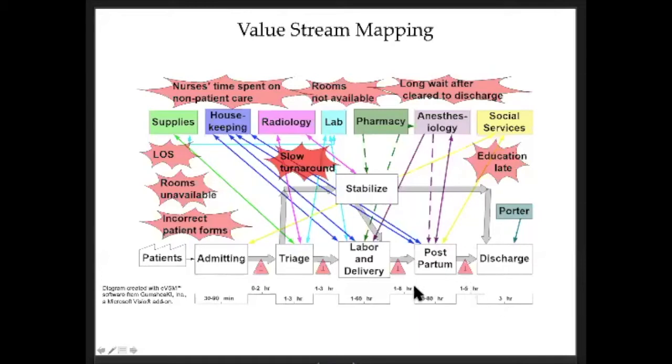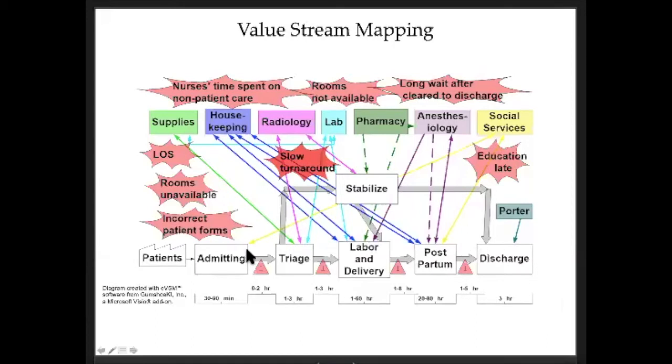And anything which we see on the top here are the ones which are non-value added time. And overall, we know what the total time is, which is the combination of value added and non-value added time. The objective for any organization is to increase the proportion of value added time vis-a-vis the total time that is being used up in all these processes.